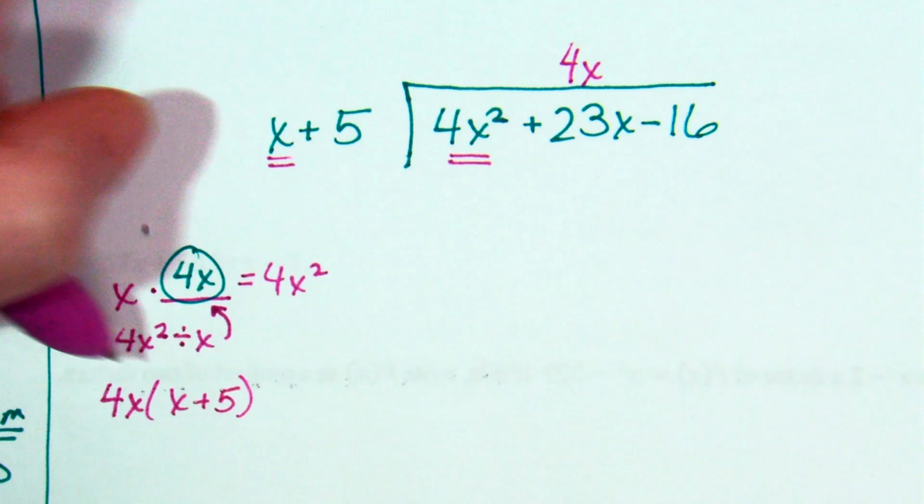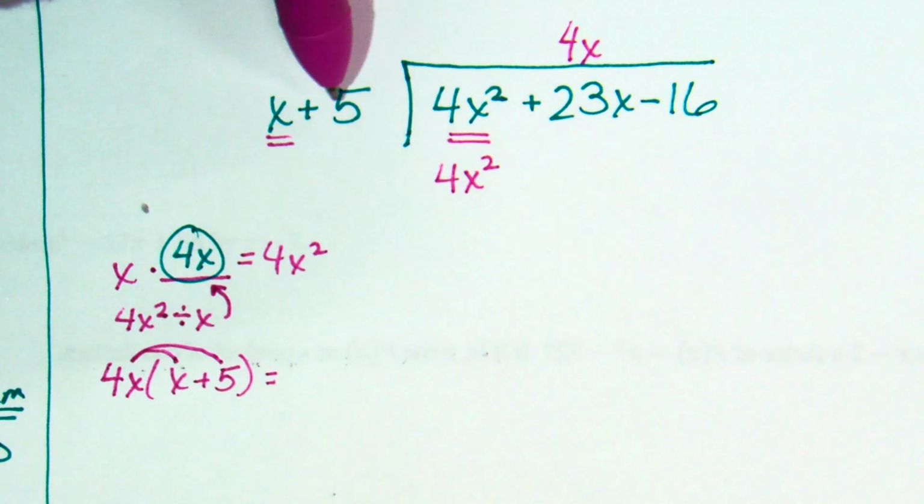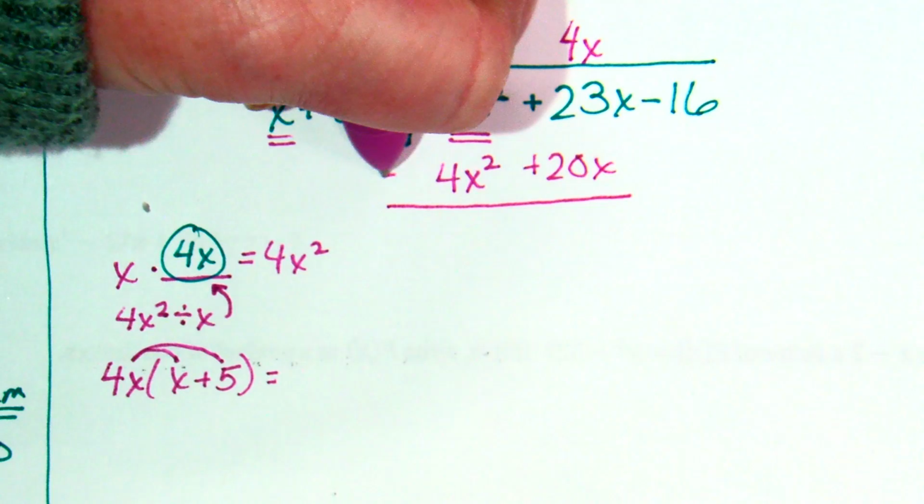We're going to take 4x times x, and we're going to take 4x times 5. So that's your visual there. So 4x times the x in my divisor. What's 4x times x? 4x squared. Goes under the other 4x squared. And then 4x times the next term, 5. 4x times 5 is 20x. That ends up under the 23x.